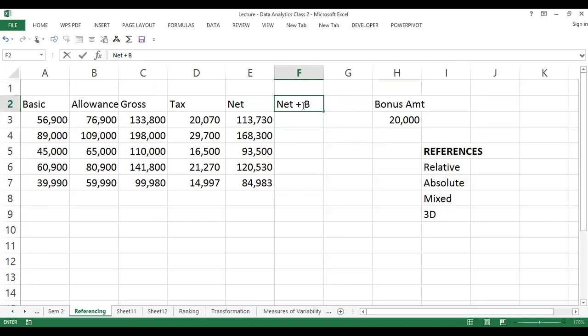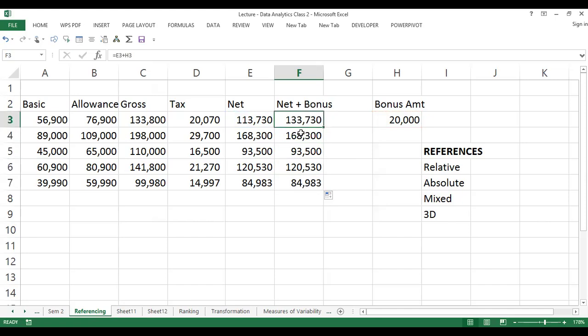Net plus bonus. Okay. So now, suppose I now say equals, you tell me what to do. Plus bonus. This is bonus. Is that correct? Yes. Do you think this one is correct? No, that one is not correct. Only the first one is correct. Only the first one. Yes.